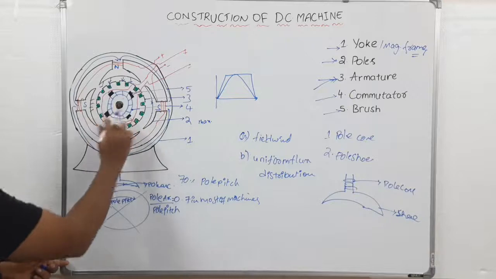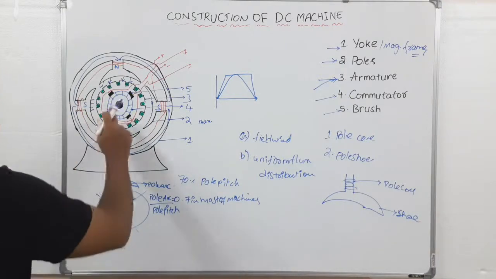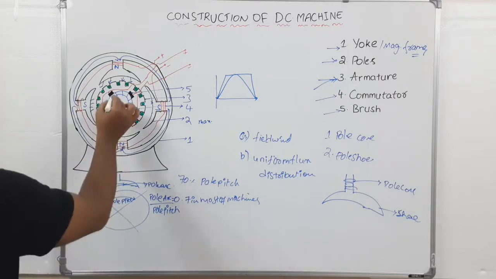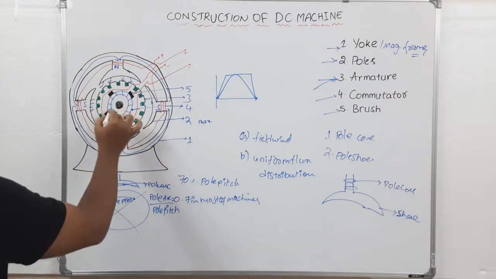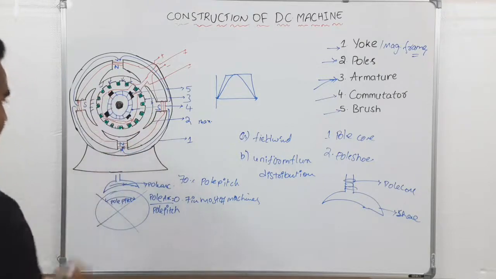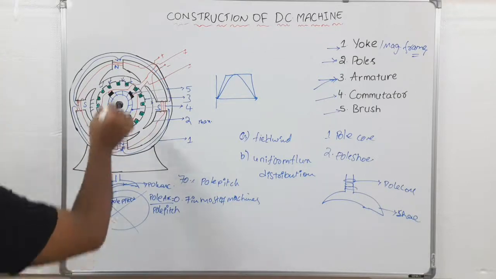These are all brushes. Brushes collect the current from the commutator, and this is the commutator. This commutator is divided into several segments, and the number of commutator segments is equal to the number of coils in the machine.